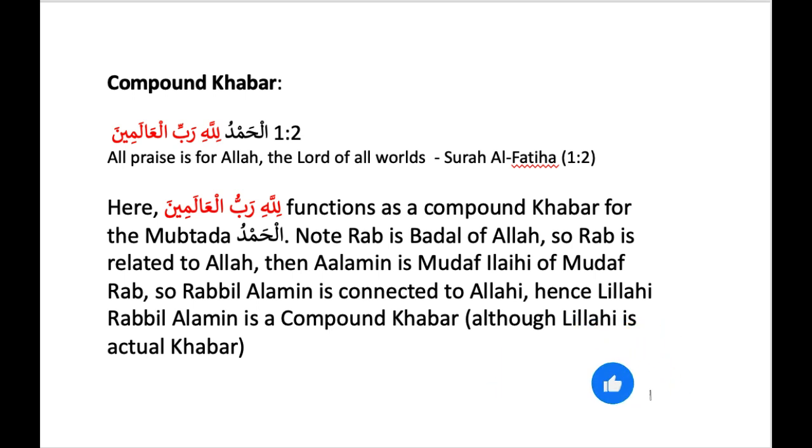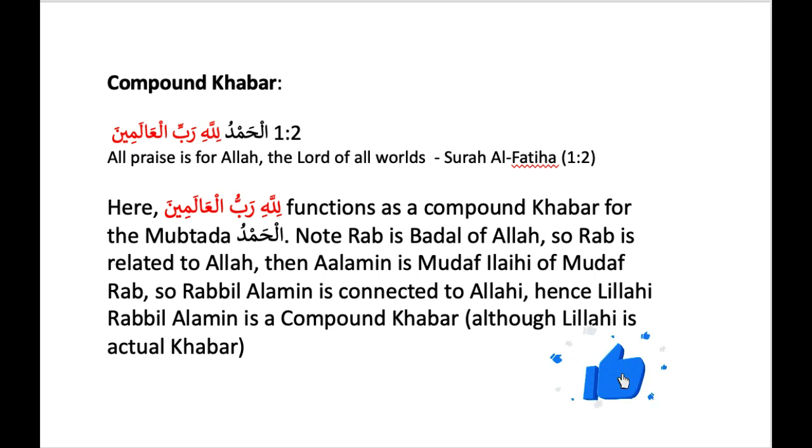Alhamdulillahi Rabbil Alameen. All praise is for Allah, the Lord of all worlds. Here, Lillahi Rabbil Alameen functions as a compound Khabar for the Mubtada Alhamdu. Please note, Rabb is Badal of Allah, so Rabb is related to Allah here in the sentence.